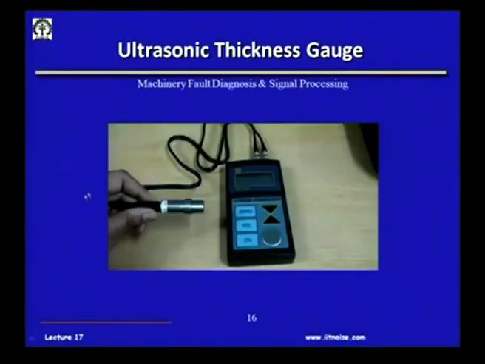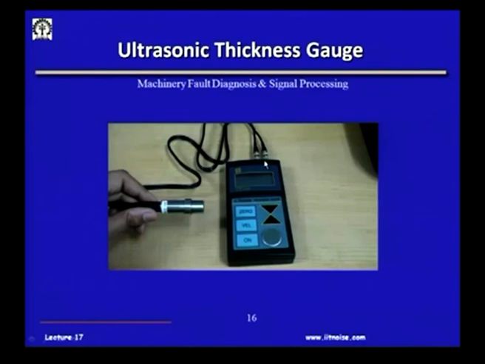Another very important piece of equipment is the ultrasonic thickness gauge, which I had discussed. This is the ultrasonic probe, which has to be put onto a surface whose thickness I need to measure. You will see here two signals. One is the transmitter, which transmits the ultrasonic wave, and once the wave reflects back, there is a receiver.